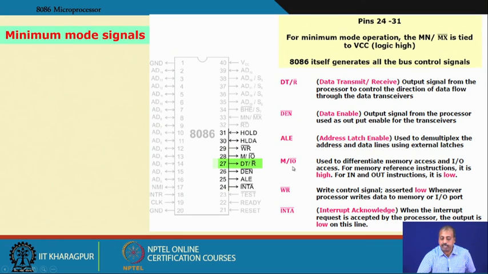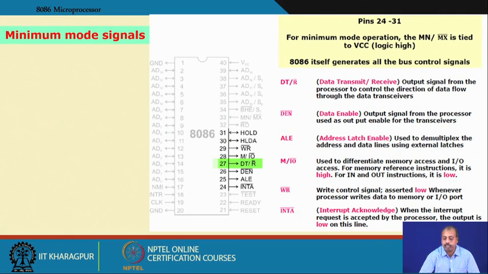Then there is M/IO bar. This is used to differentiate between memory access and IO access, just like the 8085. For a memory access instruction, this M/IO bar line should be made high, and for an IO access instruction, this line should be made low. Then there is a write bar line for write control.